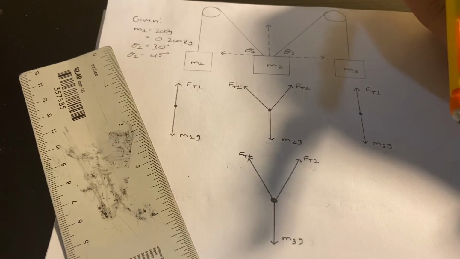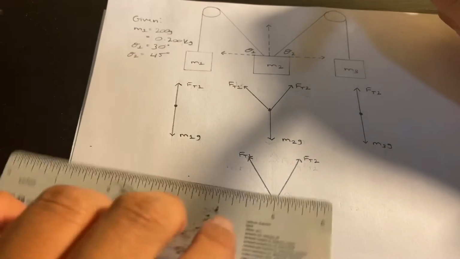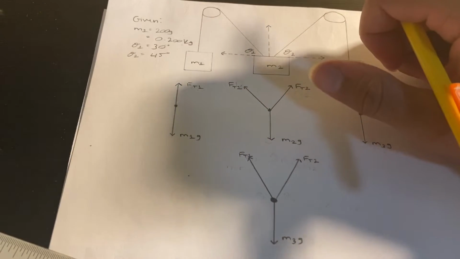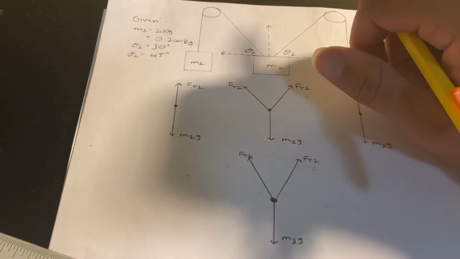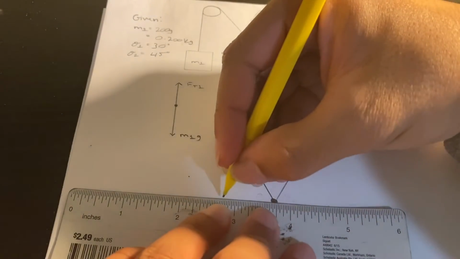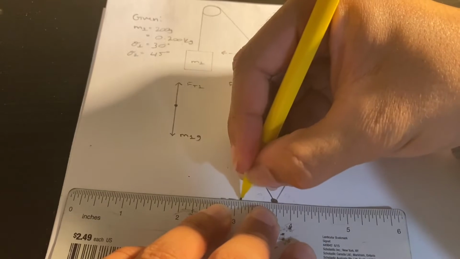So I'll start in the x direction. Since both forces are at an angle, they'll both have a force in the x direction. So we can draw two forces in the x direction acting opposite of each other.